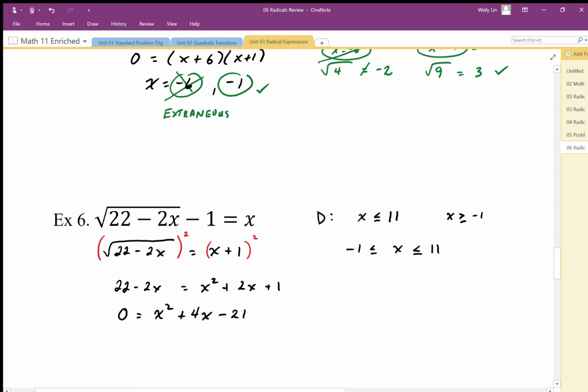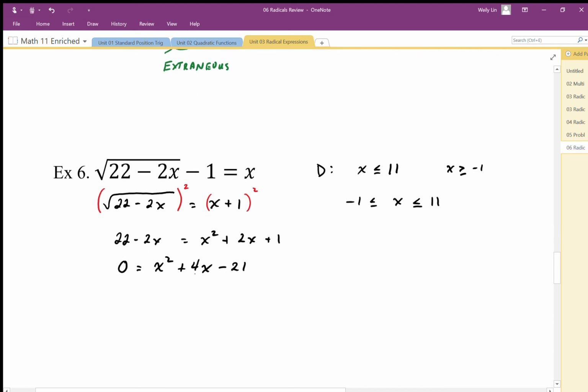So we're looking for two numbers that multiply to 21 and have a difference of 4. That is factorable. It's going to be 7 times -3. We get a solution of x equals -7 and x equals +3.